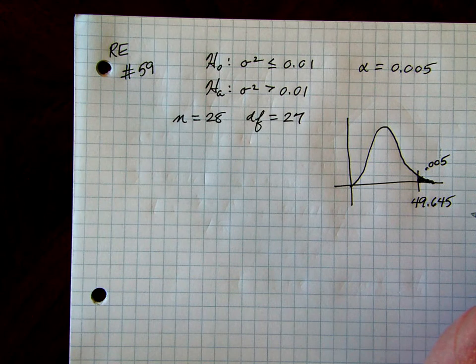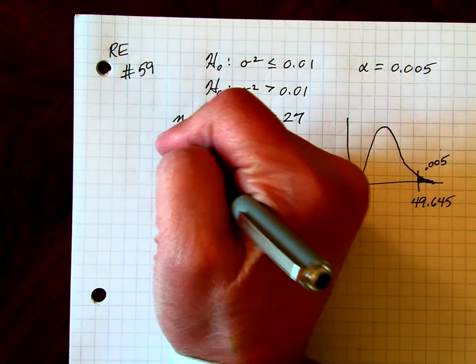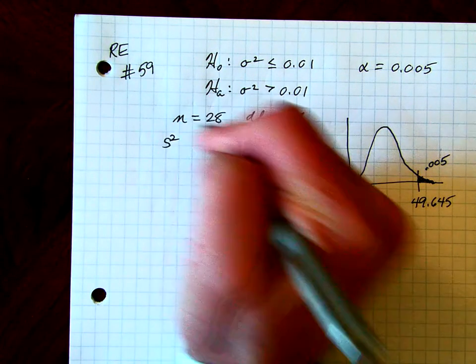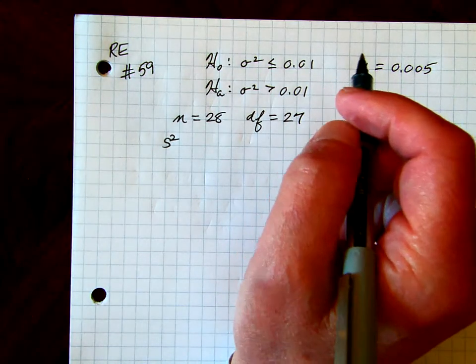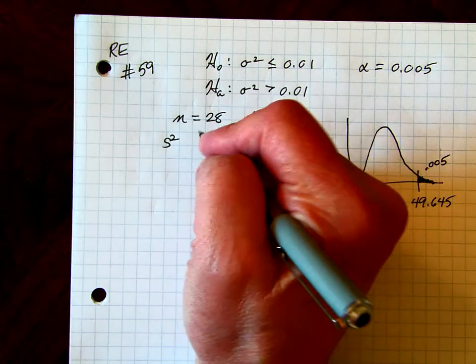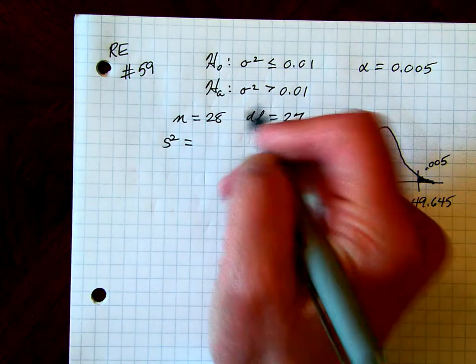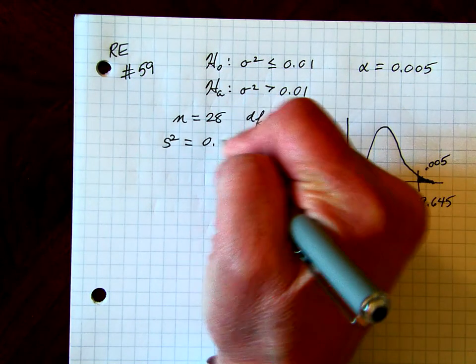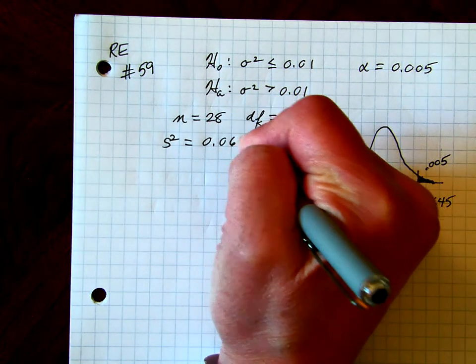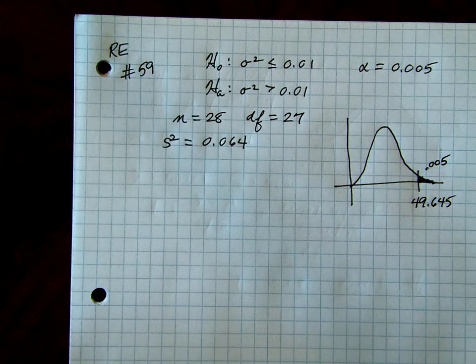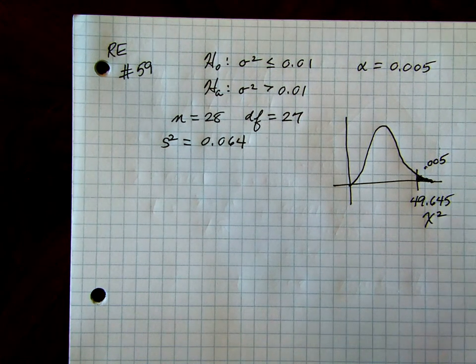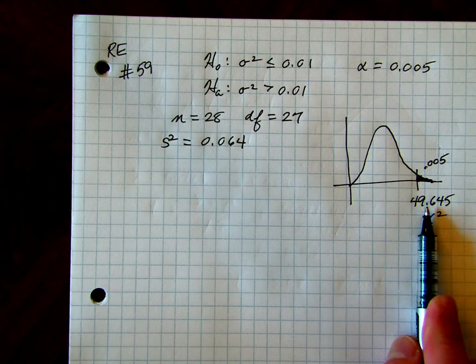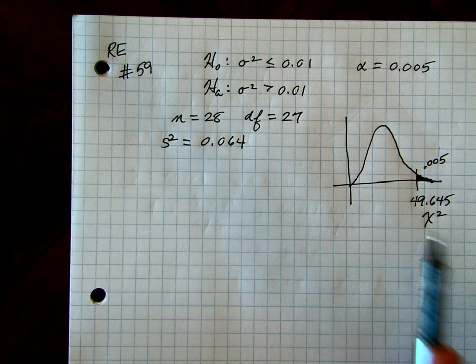Let's see the sort of information we're given. We are told that when we sample, there's no X bar in this case. We're looking at the sample variance. And the sample variance, we are told for this sample of 28, is 0.064. And we already know our critical value right here for our chi-square statistic.